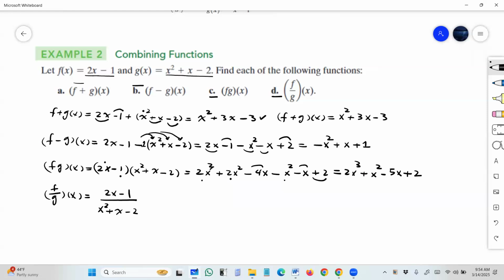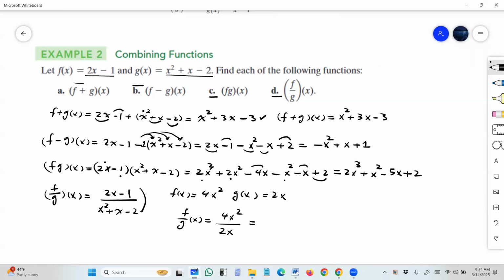Now, for example, let's say that my f was 4x squared and my g was 2x. Okay, and then I want to do division. f over g, f as my numerator, g as my denominator.